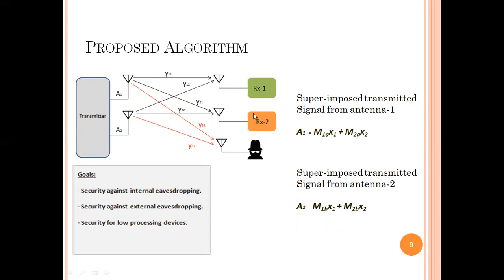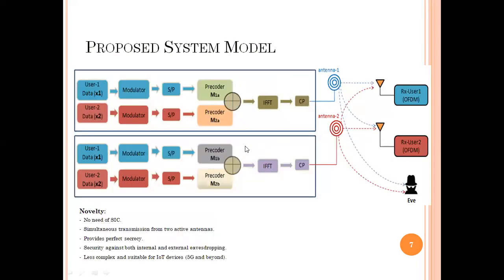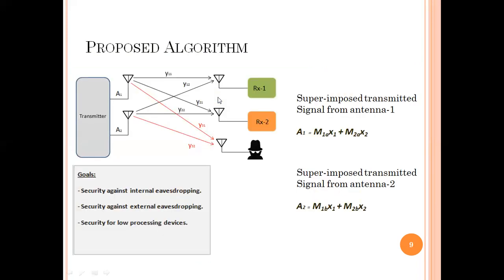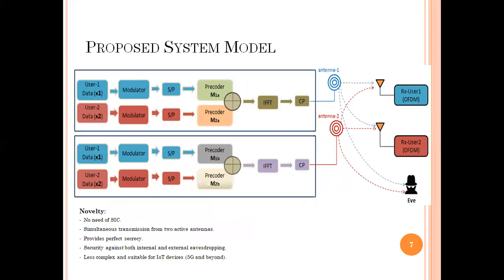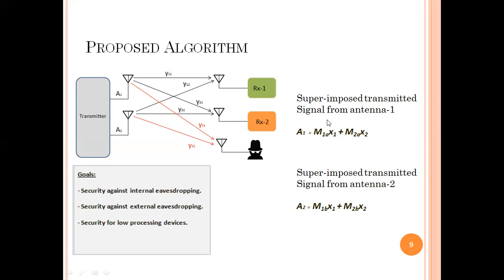So in the proposed algorithm, as we told, we have two antennas at the transmitter side, which we name V1 and V2. The superimposed transmitted signal from antenna 1, that is X1 superimposed with M1A, and X2 superimposed with M2B, can be written as follows.